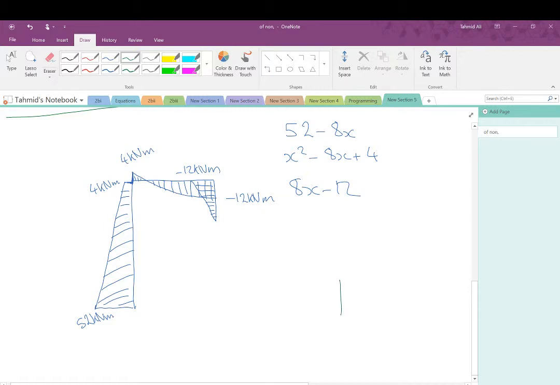But remember when I was saying something like this, I had 8 kilonewtons here, and I have a moment here, so M would be equal to 8 kilonewton meters, oops. Now I just realized that if I do this, then I would have got something like this instead, which would have been wrong.